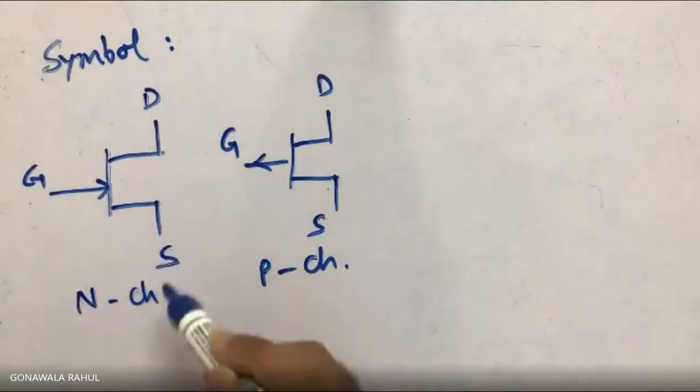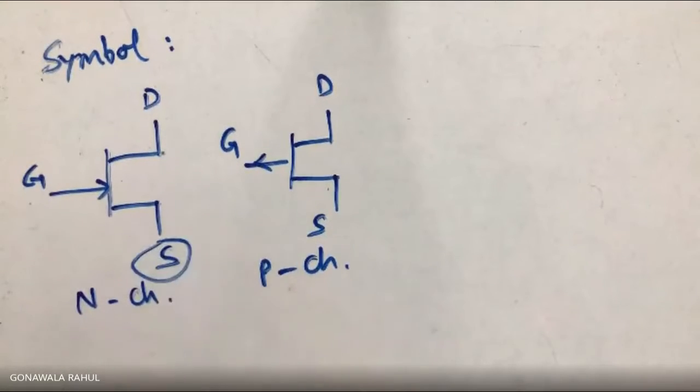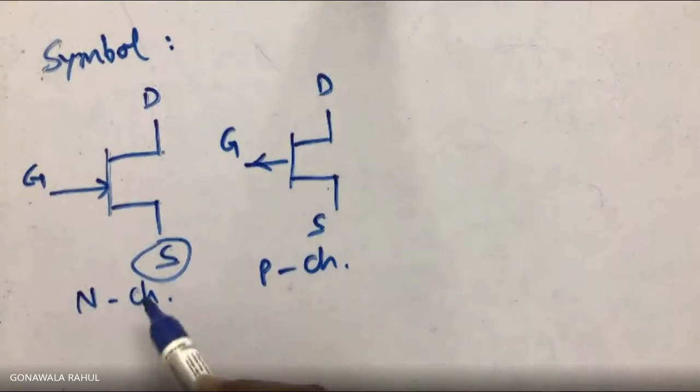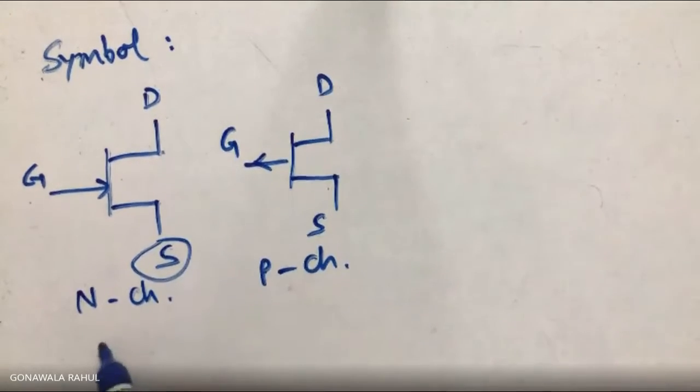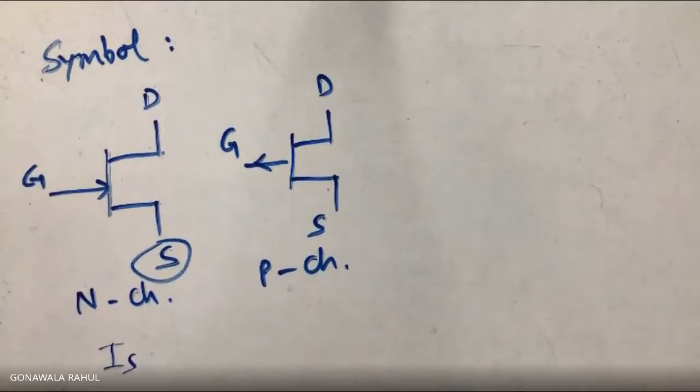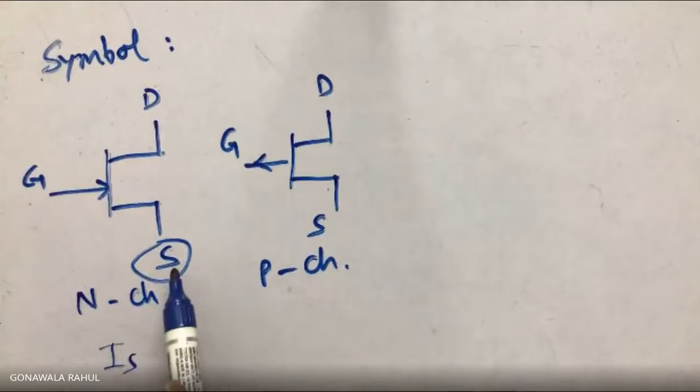Where source is a terminal through which majority carriers enter the channel, and the source current is designated as IS.